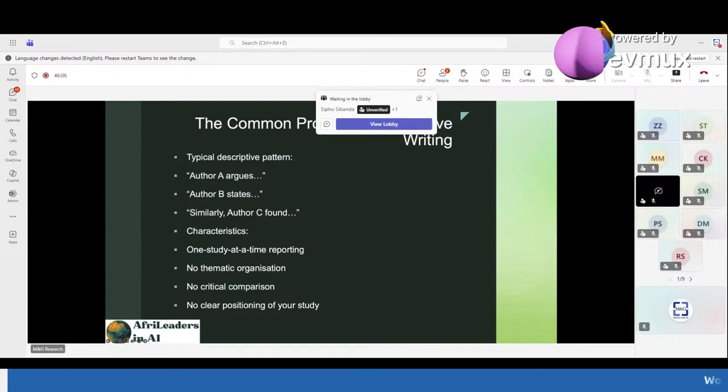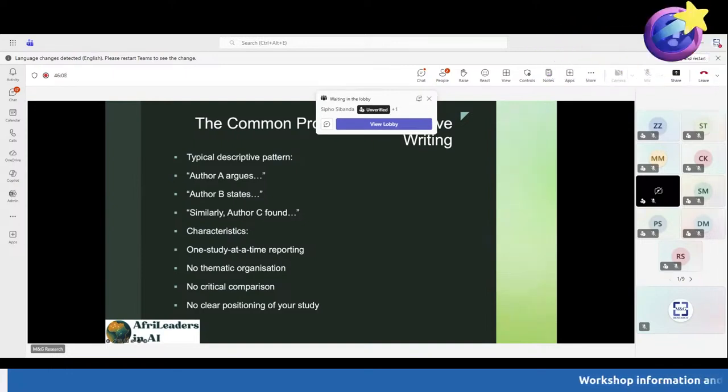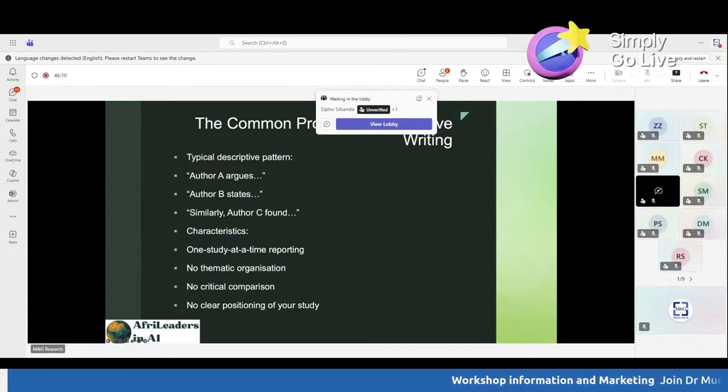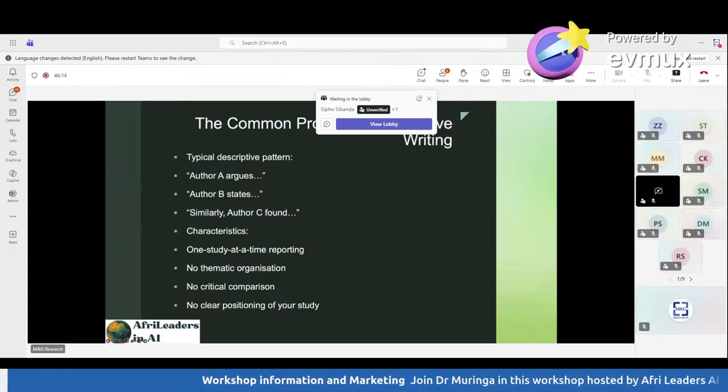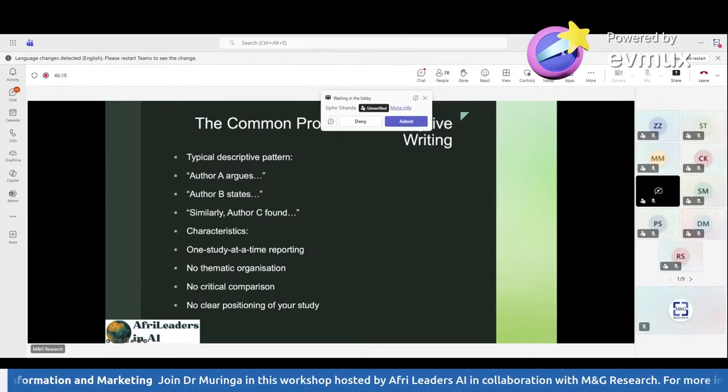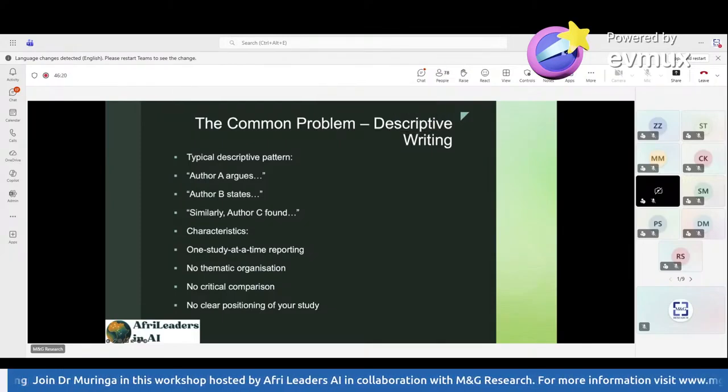The key characteristic of this kind of descriptive literature review is that they are reviewing one study at a time. So you are basically doing a study report, reporting on the studies.